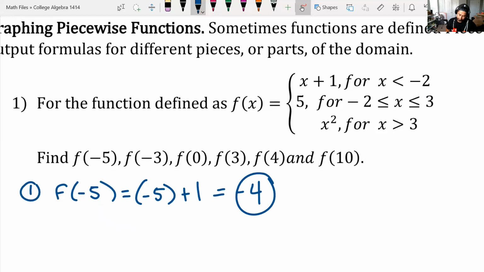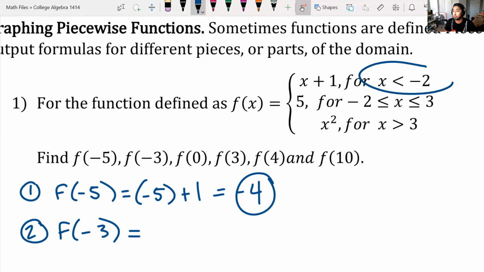All right, second one, f of -3. Again, check your restrictions. Is -3 less than -2? And again, that answer is yes. Okay. Uh-oh, laptop's being slow. There we go. Okay. So that means we get to use the first function again.